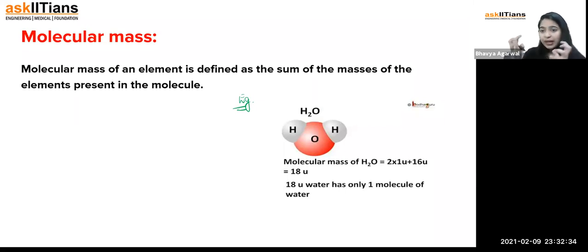So I'll add the sum of all the atoms. 1 hydrogen atom has a mass number of 1, whereas oxygen has a mass number of 16.